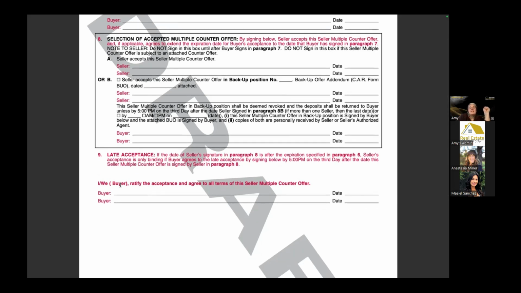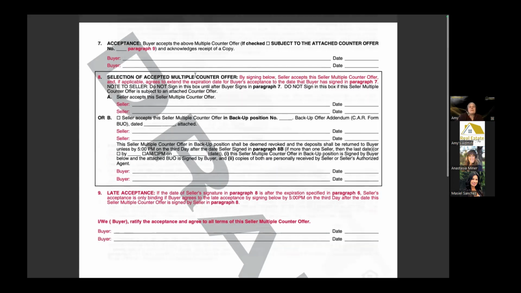If the date on the seller's signature in paragraph 8, right here, the box, is after the expiration in paragraph 6, seller's acceptance is only binding if buyer agrees to the late acceptance by signing below by 5 p.m. on the 3rd day after this date of the seller multiple counter offer is signed by seller in paragraph 8. So again, section 9 only used if the seller accepted this after the expiration of the buyer's response.